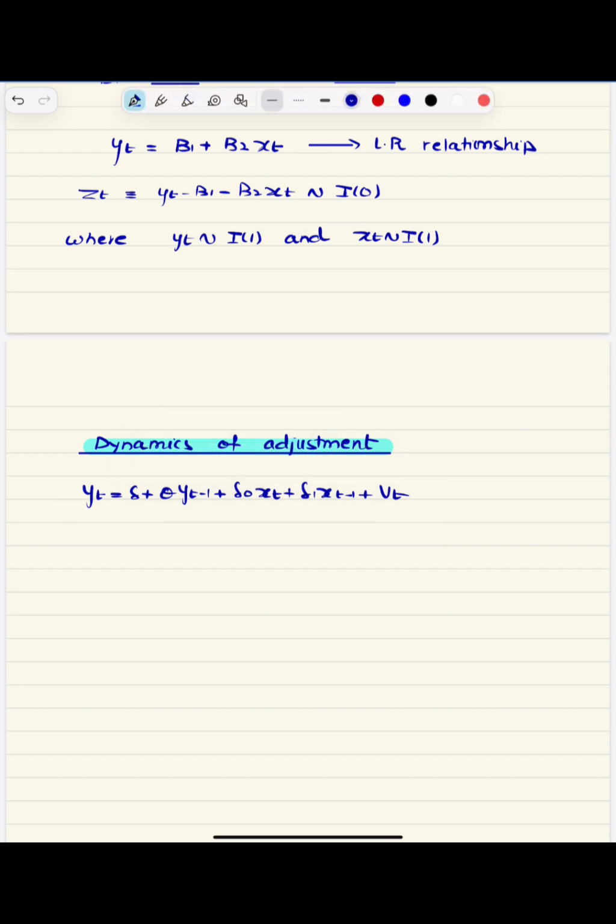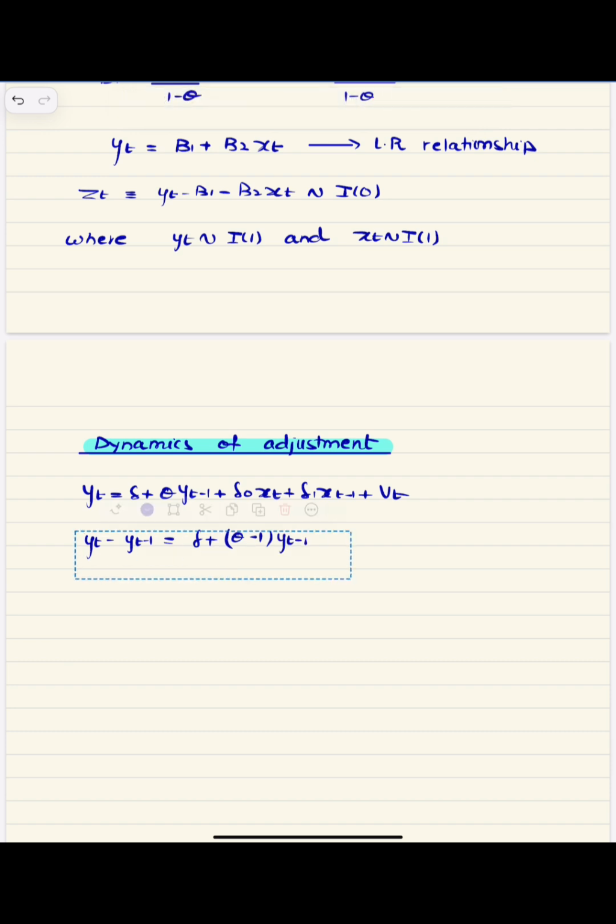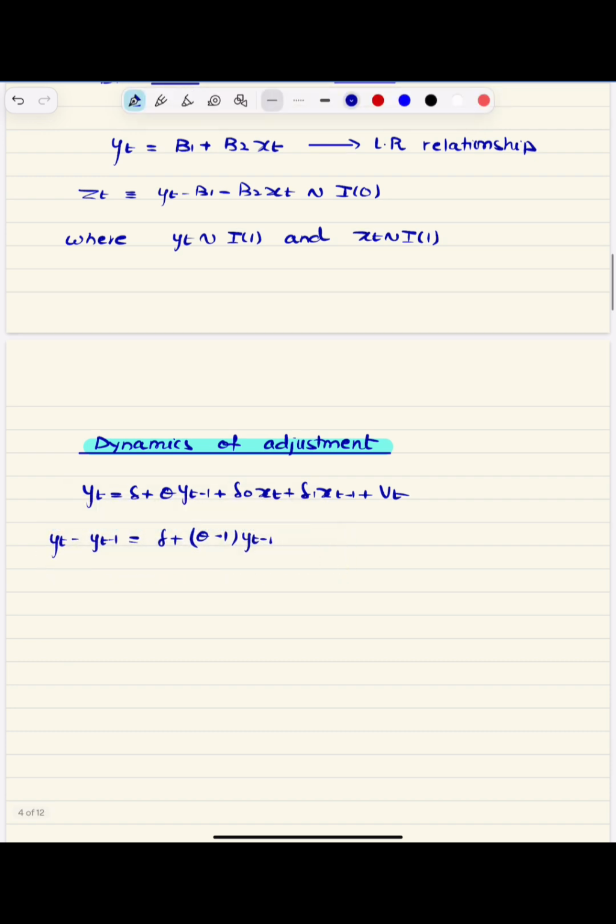So let's subtract yt minus 1 from both sides. I'll have theta minus 1 yt minus 1. I want to have the change in x on the right side as well, so I can do this kind of manipulation: delta naught xt minus delta naught xt minus 1.